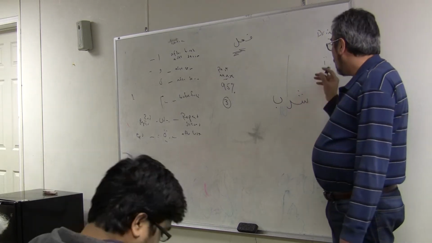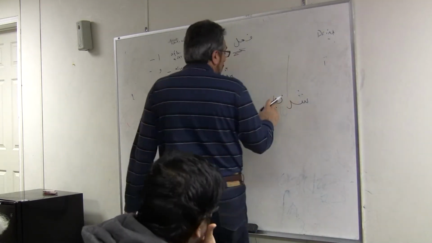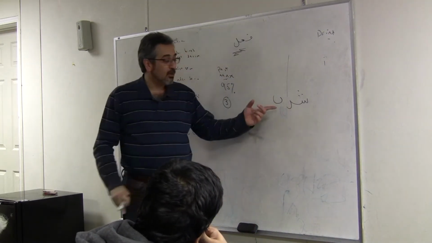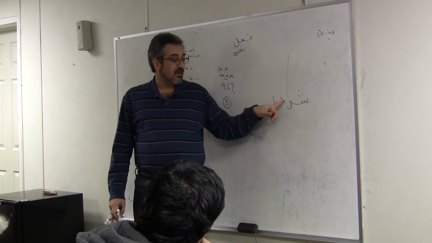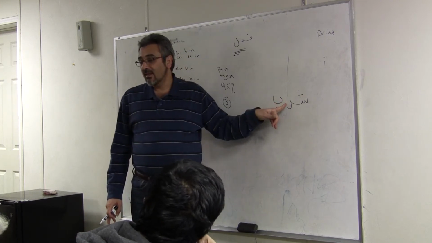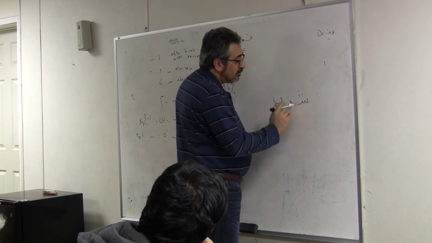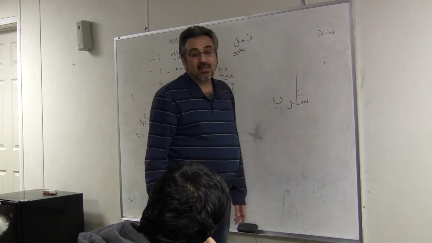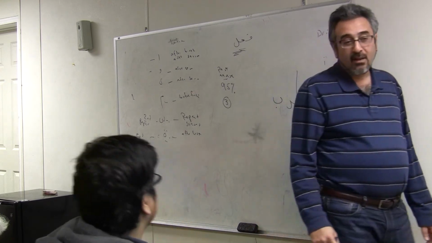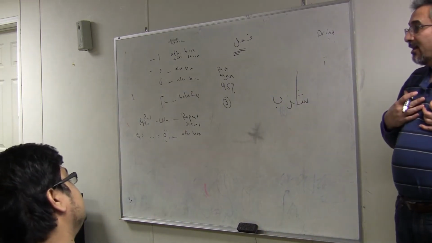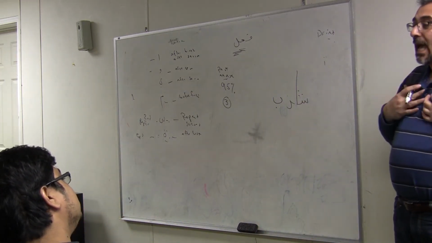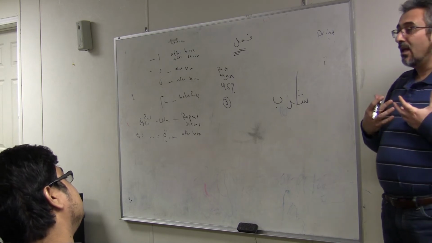So we made it a noun that described what it is by adding the alif. If we add the alif between the first and the second, sharib means I'm drinking. It describes my act, it describes me right now.